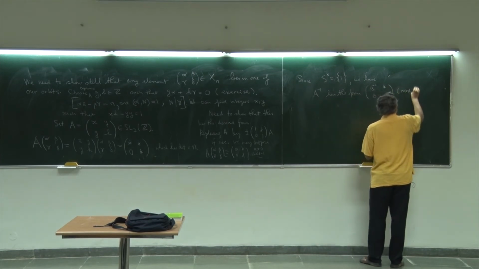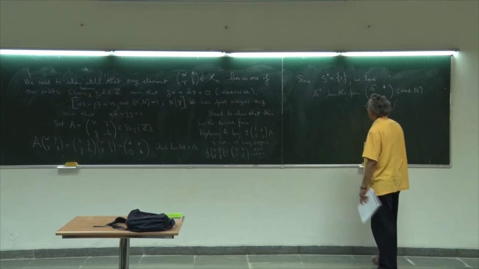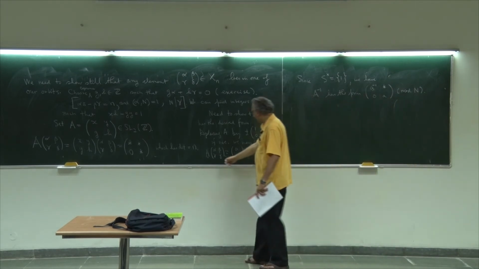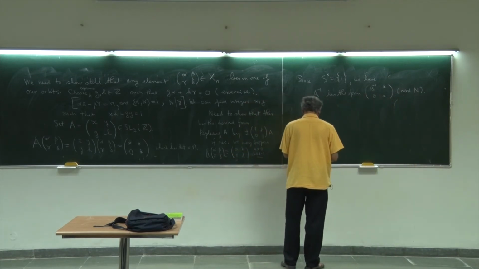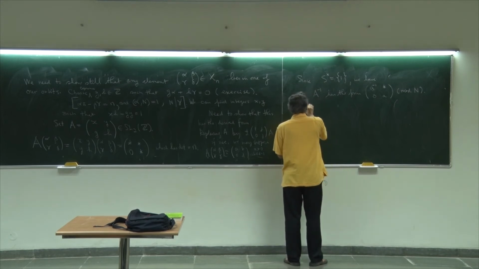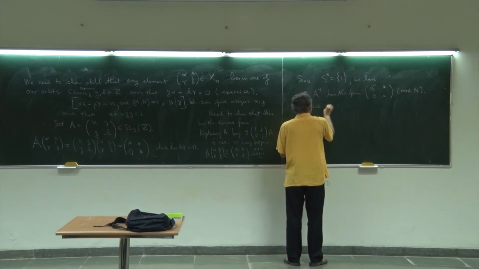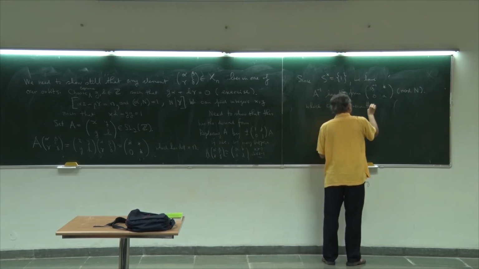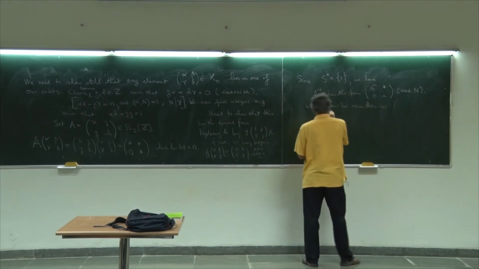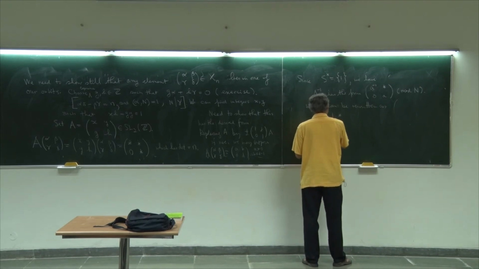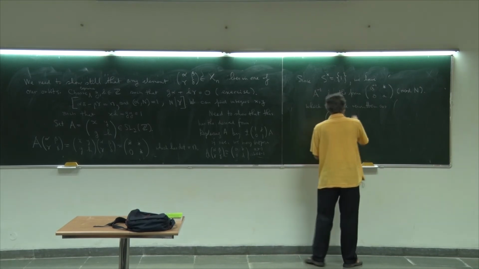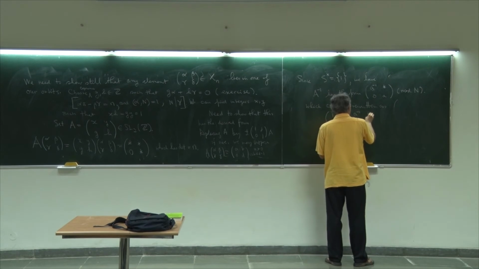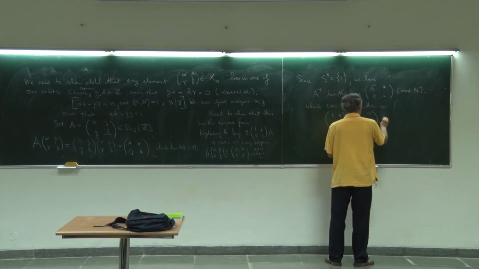So the matrix A inverse modulo n has this particular shape, which can be rewritten as 1 star 0 1 times A inverse 0 0 A modulo n.